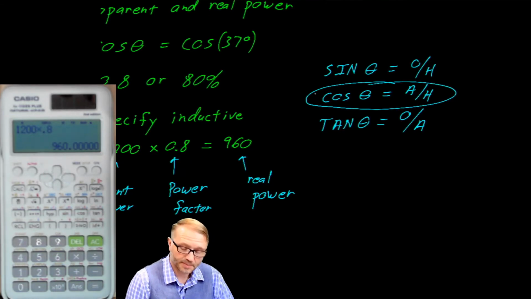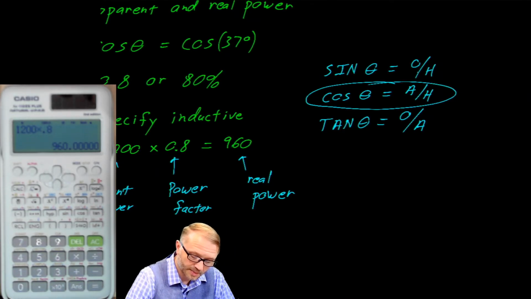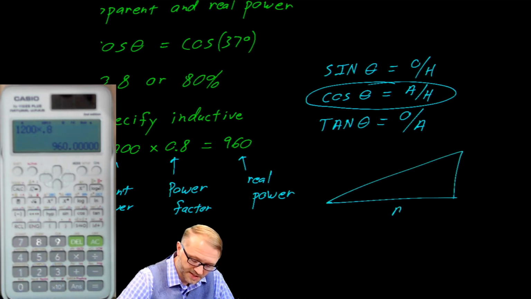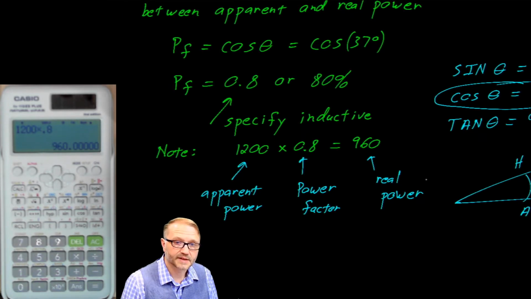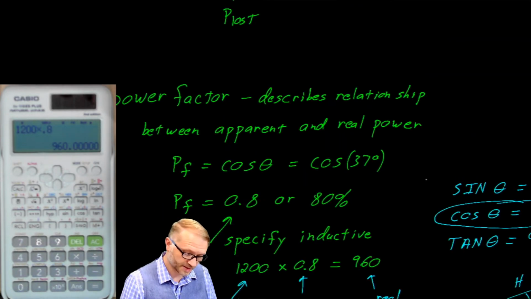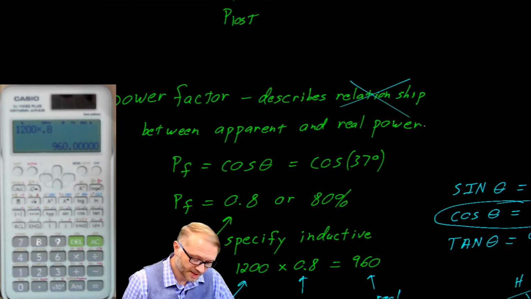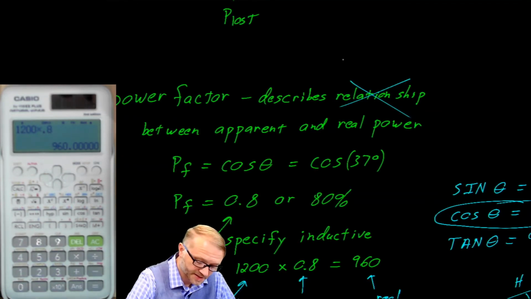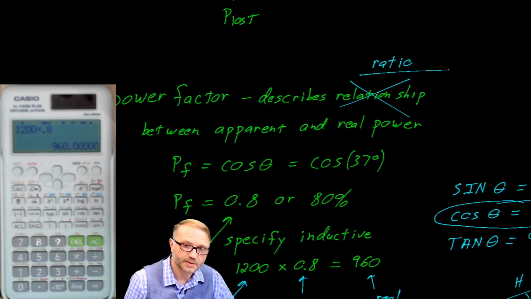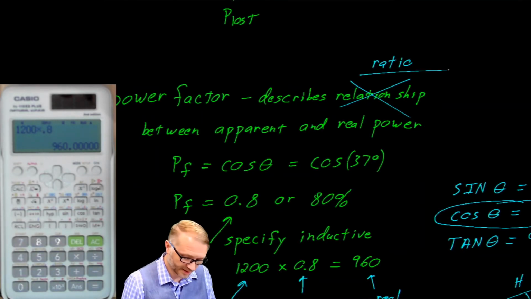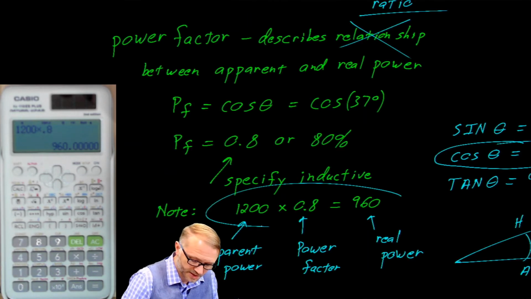When we talk about power factor, you're really talking about the relationship between the adjacent and the hypotenuse. With that said, we should go back here and scratch relationship and say that power factor is the ratio between apparent power and real power. And again, you can use it like it's shown here.